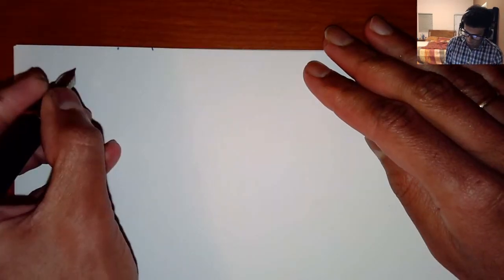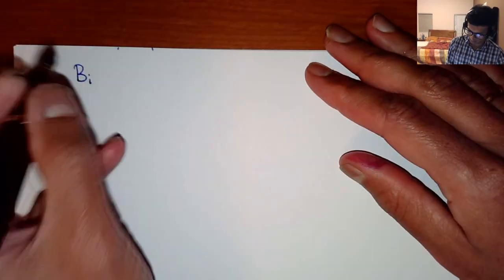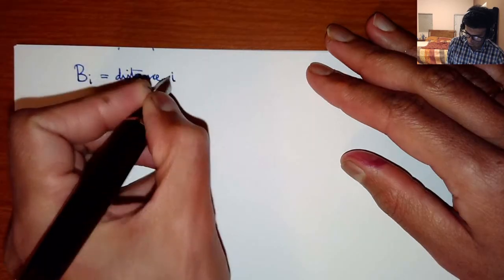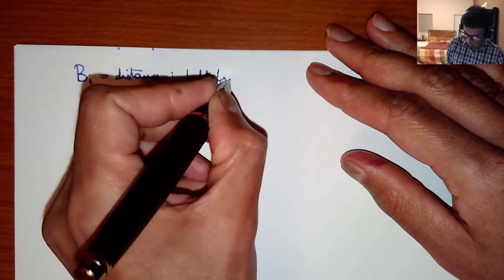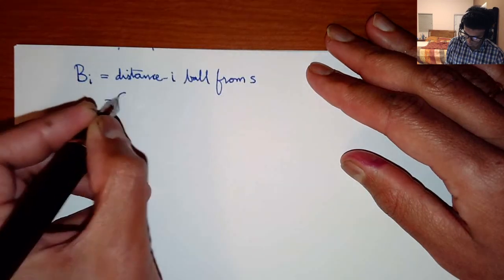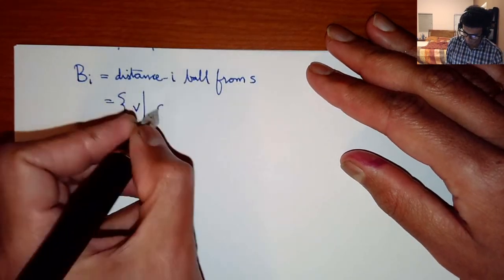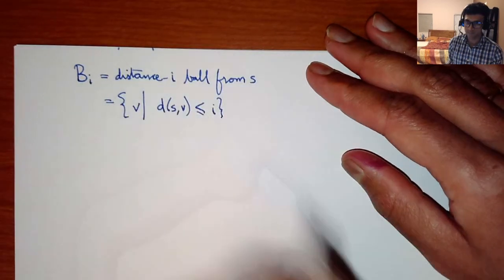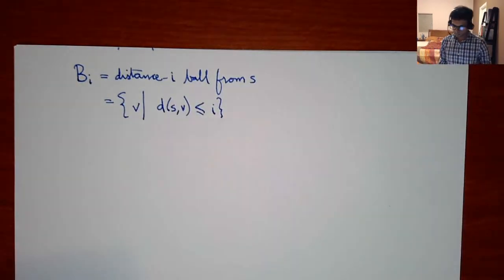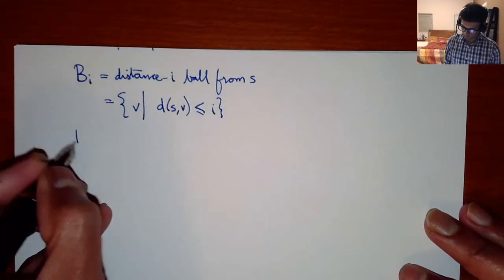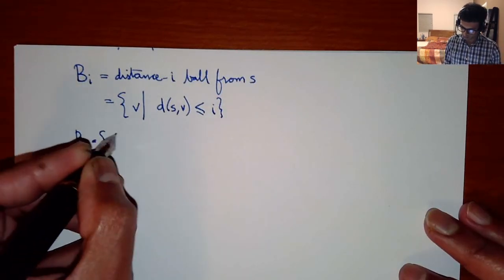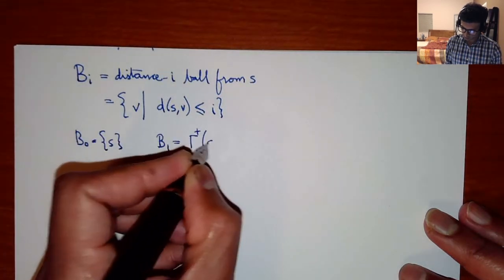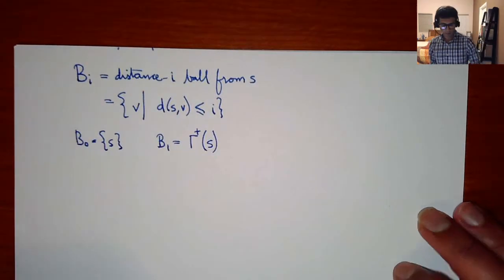So I will refer to the set BI, which is the distance I ball from S. This is simply all vertices V such that the distance of S to V is at most I. And so B0 is just S, B1 is the out neighborhood of S, so on and so forth.